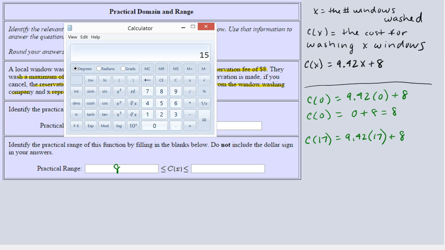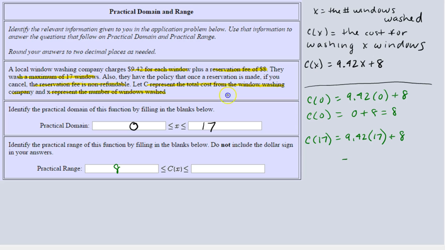Let's find this on the calculator. 9.42 times 17, and now add on the reservation fee. So $168.14. So C of 17 is $168.14, and that's the largest amount you could pay for washing the windows.